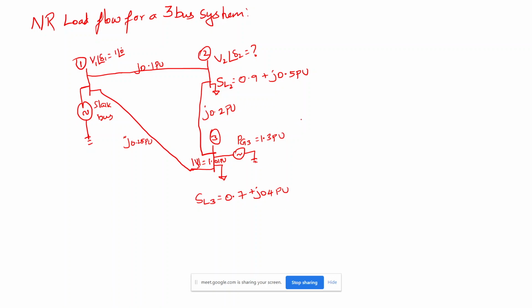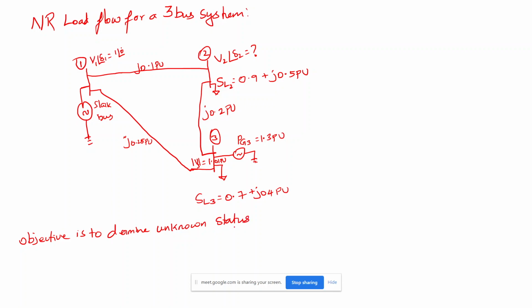The first step we need to do is, and I will write the question first. Objective of this question is to determine unknown states.